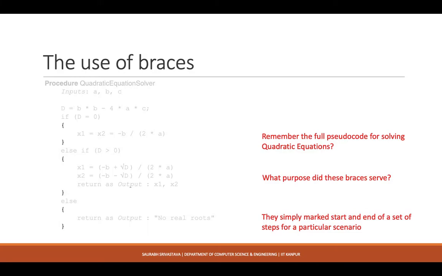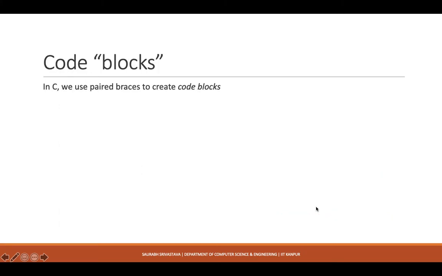For example, if d was equal to 0, then whatever was to be executed was in one set of braces. Similarly, if d was greater than 0, then it was here, and otherwise, it was here. So basically, braces marked the start and end for the steps for a particular scenario.